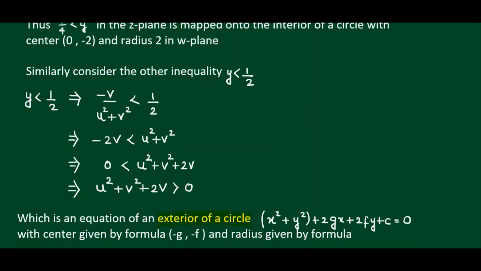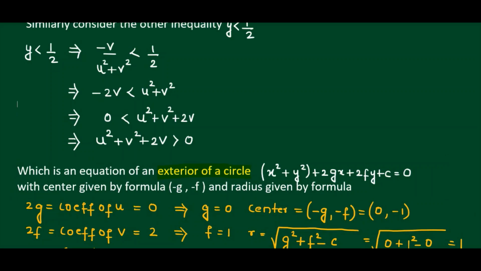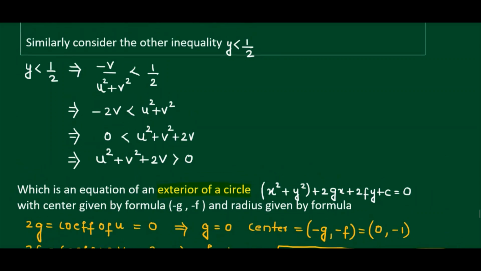Similarly, consider the next inequality, which is y less than 1 by 2. Now replace y as minus v by u square plus v square, cross multiply, you will get this inequality. You can rearrange this. So u square plus v square plus 2v is greater than 0. You can compare this with this equation.